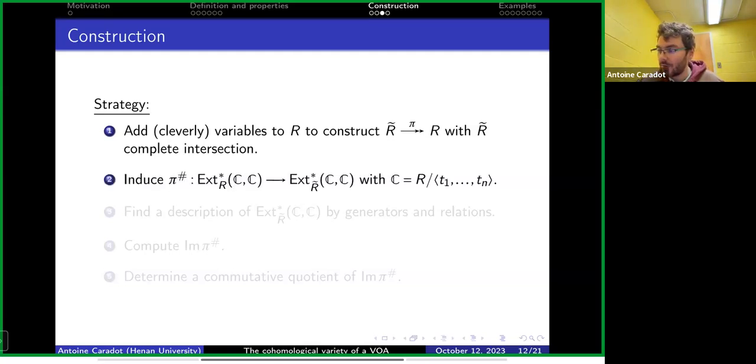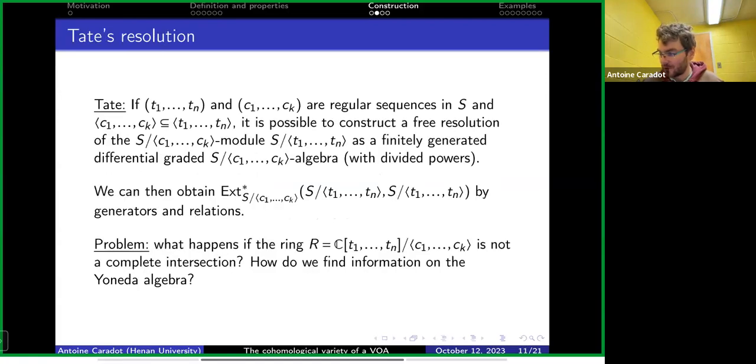Then this morphism pi from R tilde to R will induce a morphism pi sharp between the Yoneda algebras, where here the C, we see it as the module R over T1, ..., Tn. So remember, R is the polynomial ring in T1, ..., Tn quotiented by the relations C1, ..., Ck.